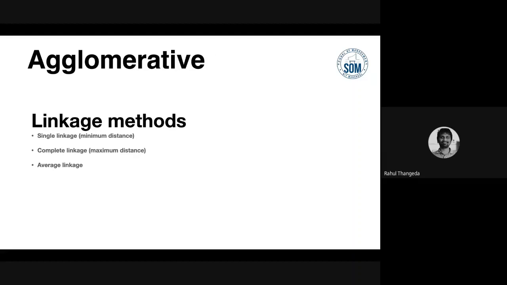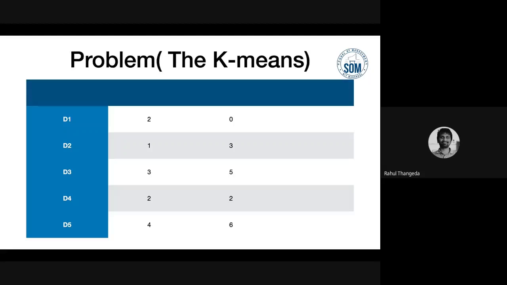So let us take the concept of how a clustering algorithm works. Suppose you have 100 data cases, like I said, or let's take an example. Suppose these are 5 data cases that you had. D1, D2, D3, D4, D5 represent customers. Just assume 5 customers, and you had 2 variables of data.